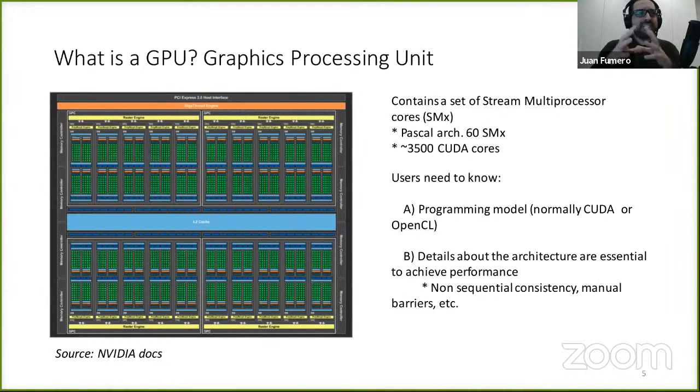It's essentially a set of cores that can operate the same instruction together, and they can share the same memory. The second difference is that on CPUs, most of the die area, if you take the chip, is dedicated to cache, while on GPUs, most of the die area is dedicated to logic.